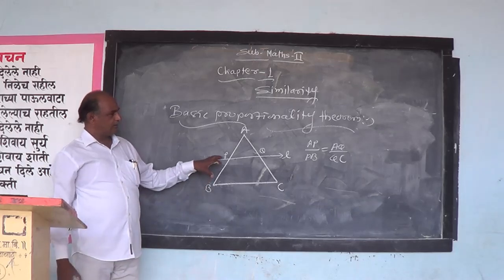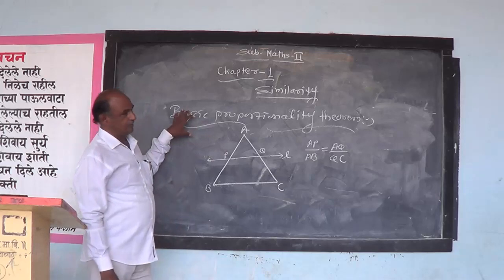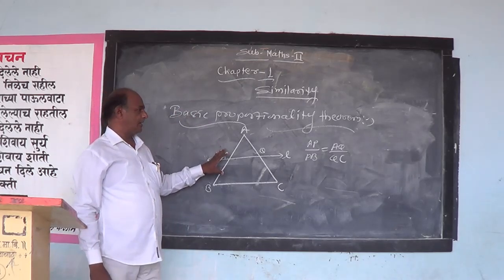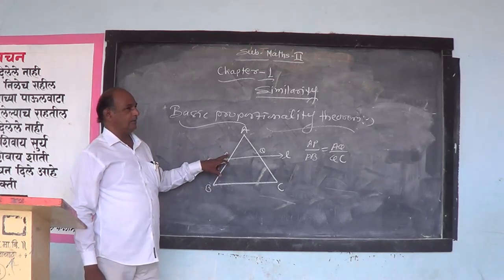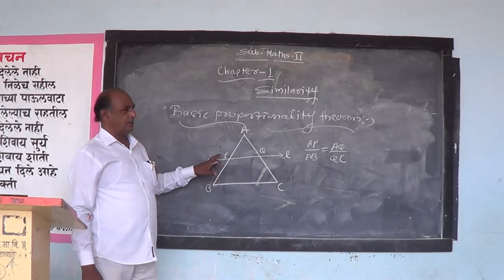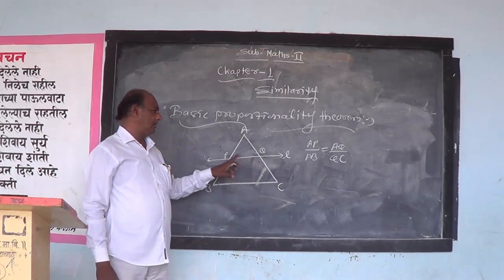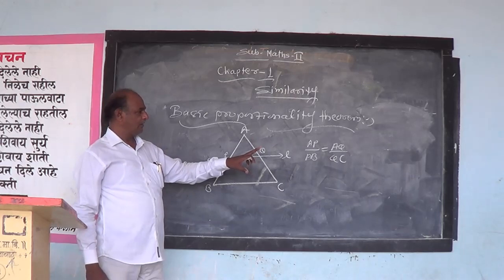This relation is the basic proportionality theorem. The basic proportionality theorem is as follows. In any triangle, when a line parallel to one side of the triangle intersects the remaining two sides at distinct points, then that line divides those two sides in the same ratio.